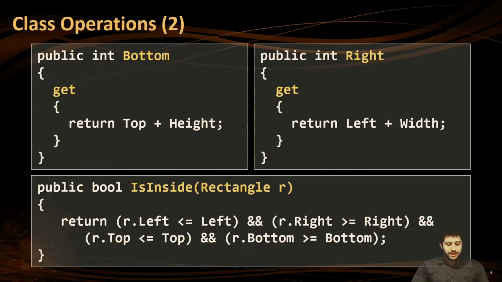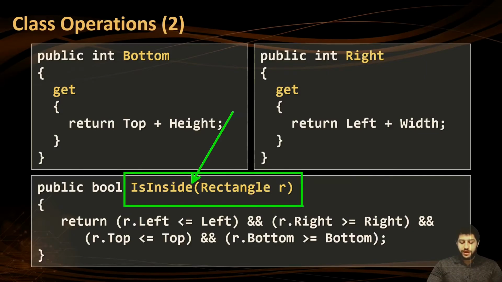Now, another example of class operations we can see here. First of all, we have a method that checks whether a rectangle is inside another rectangle. And this is perfectly legit.